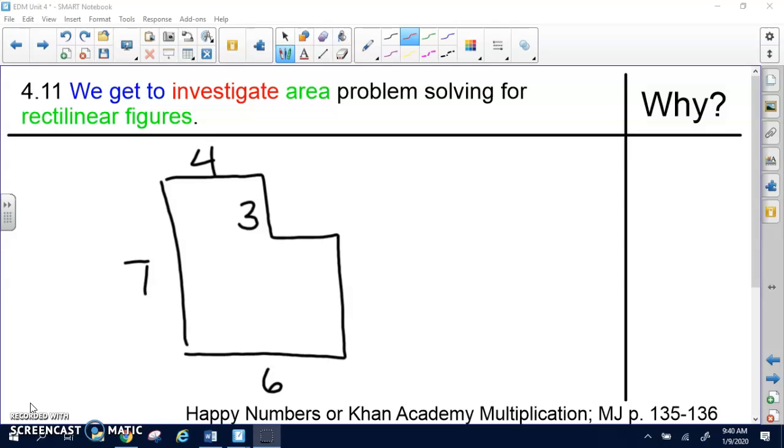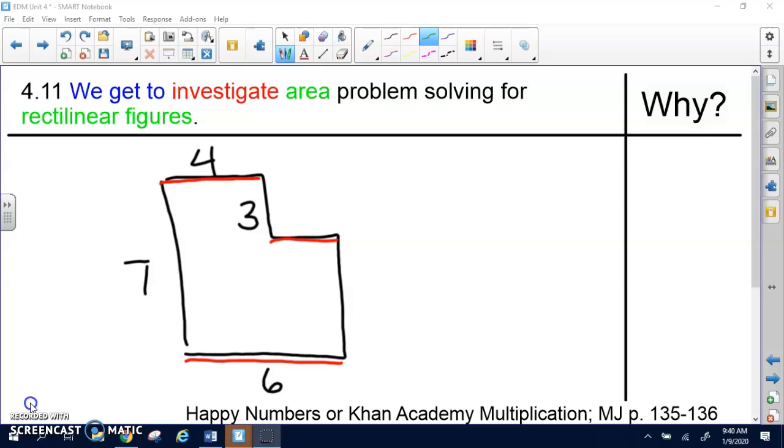When we look at this rectilinear figure, we do see some knowns. We know the length of this side, but we do not know the length of this side. We know the length of this side. Are we okay with that?